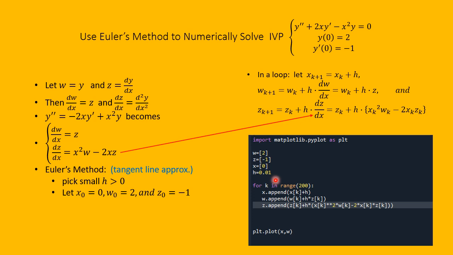Well, if h is 100th, then I'm going to need to use this increment about 200 times to get x values between 0 and 2.